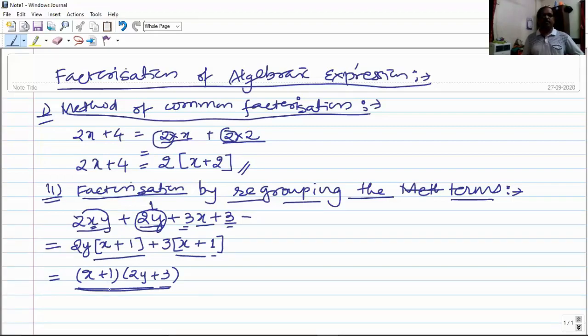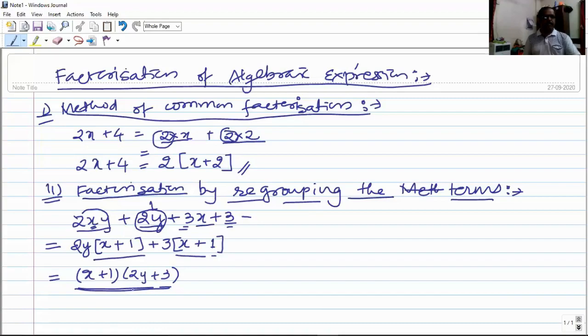It is not possible to apply the first method of common factorization, but here it is convenient to make groups having some common factors, and then take common again from those two, so that we have the factors for the given algebraic expression, right students? So this is method number 2. Clear students?